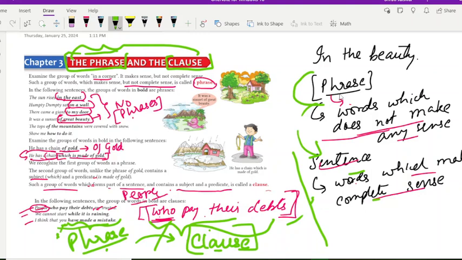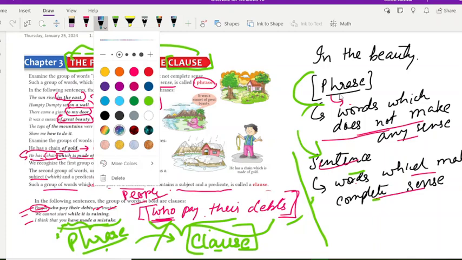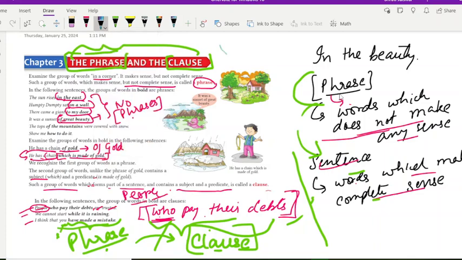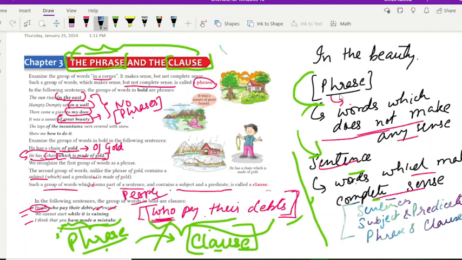After completing this chapter, I just want to mention one thing. These 3 chapters, sentences, subject and predicate, and phrase and clause, are just the building blocks of English grammar.